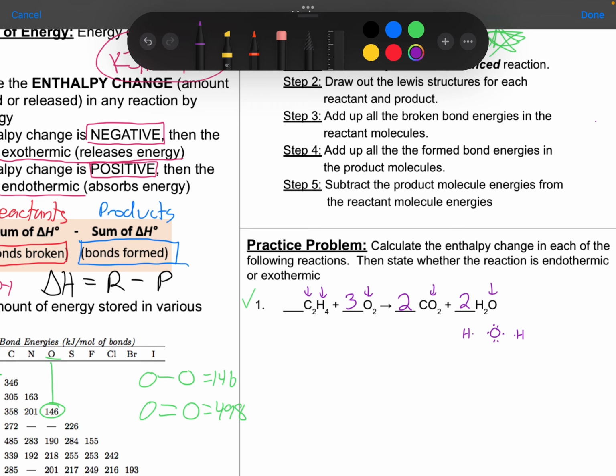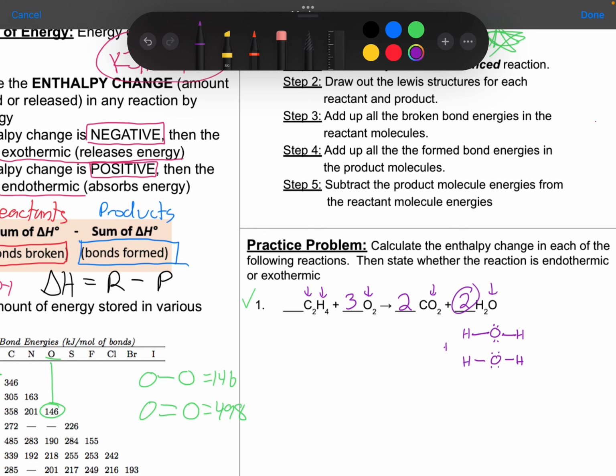Now, we are going to start drawing lines between the unpaired electrons on neighboring atoms, so I see that there's an unpaired electron on hydrogen and oxygen, so I can draw a line right there, and there's another one, so I can draw that bond. Now, because of this 2, that means that I need to draw 2 water molecules, so I can just go ahead and recopy that one.